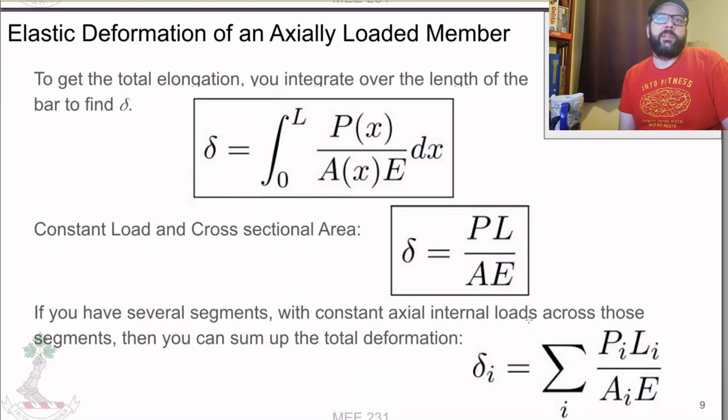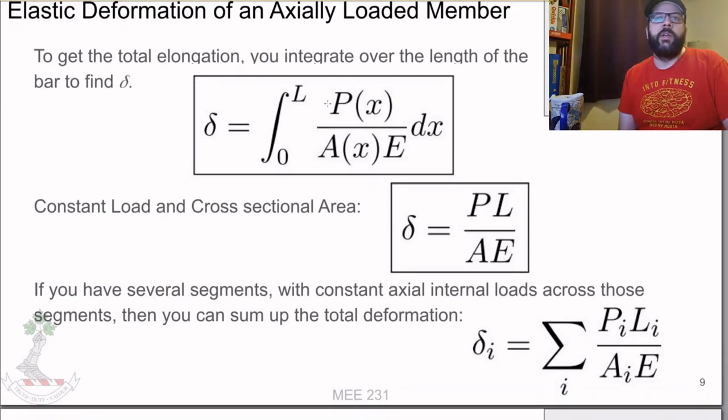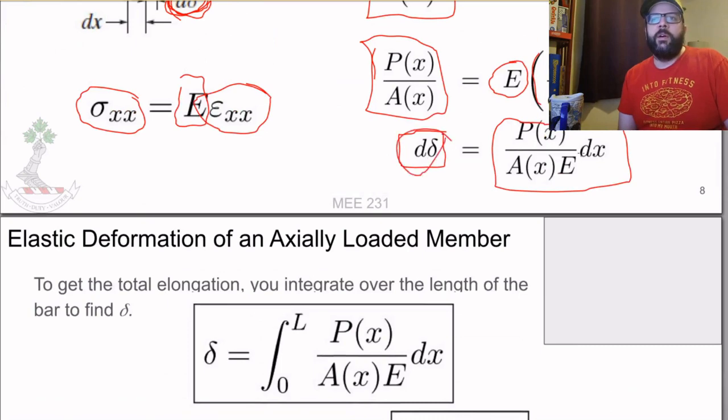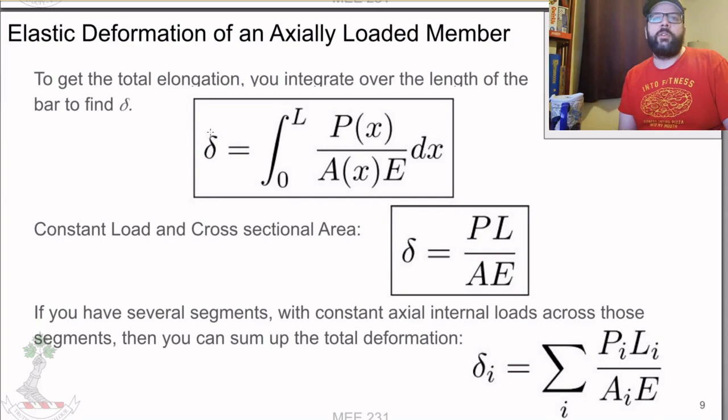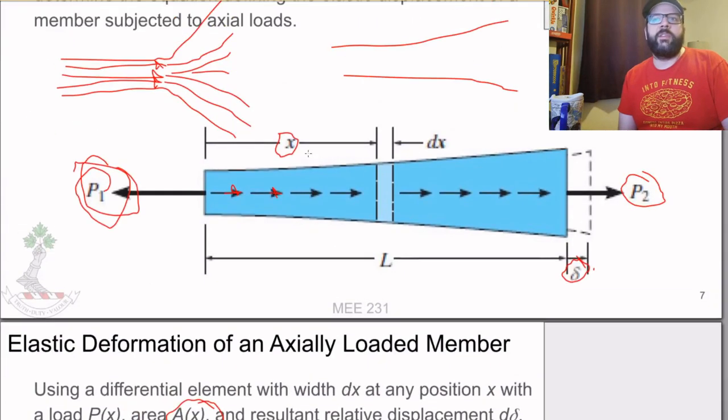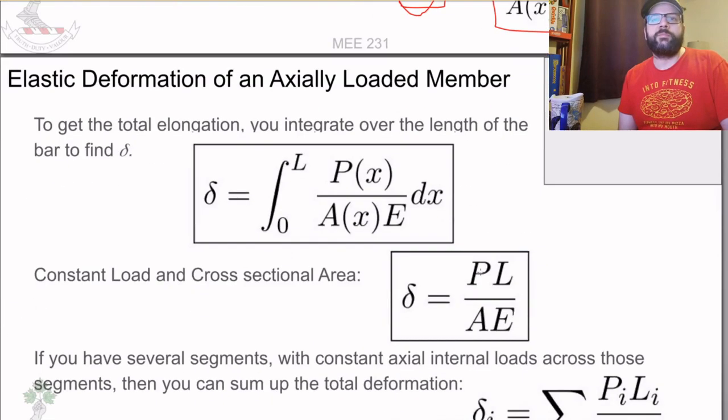And then if we want to get the total elongation, now we just integrate that over the length of the bar, and we get our total elongation. So that'll tell us how much this bar is going to stretch based upon this loading overall.